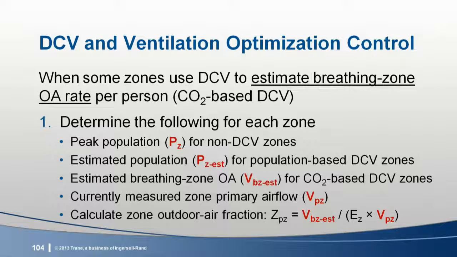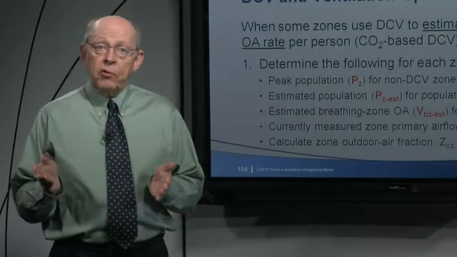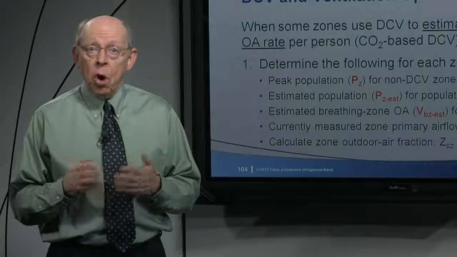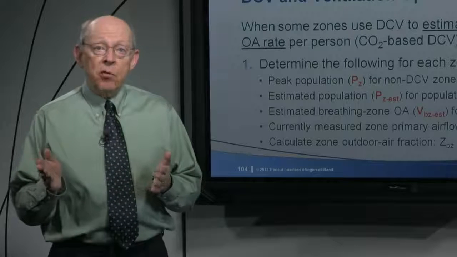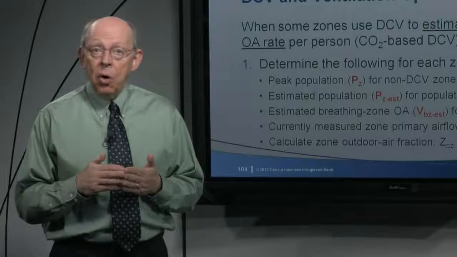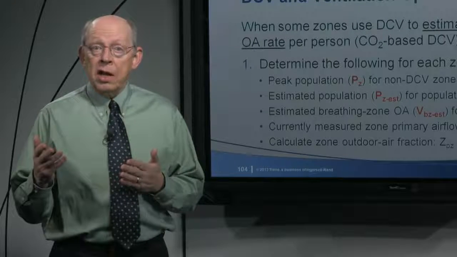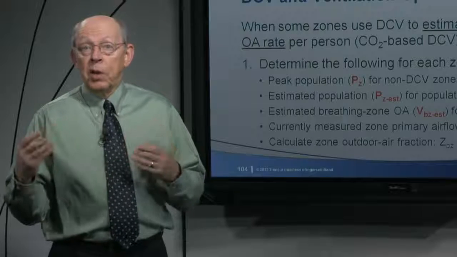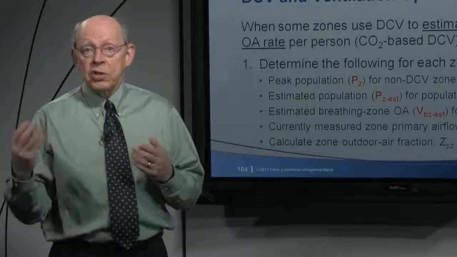Use estimated breathing zone outdoor airflow for CO2-based demand control zones, found based on sensed CO2 and the simple controller previously described. Note that using the simple controller for CO2-based demand control zones might result in some overventilation because in addition to CO2 from outdoors, the primary air also contains CO2 from people in all other zones in the system.